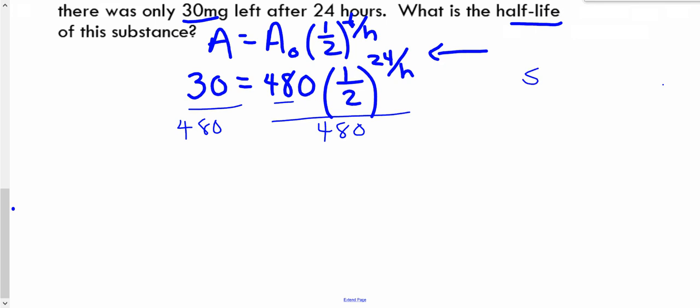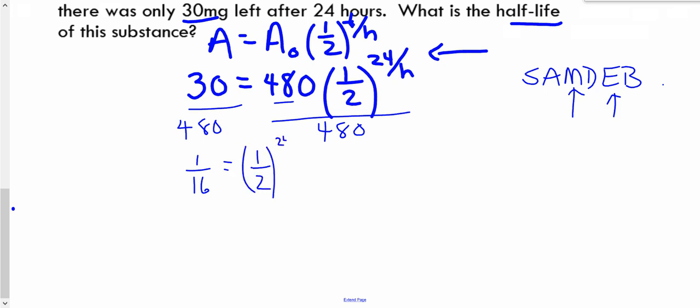Again, I'm just using SAMDAB, which is the opposite of BEDMAS. So multiplication comes before the exponent. So I'm going to do the division first. 30 over 480 is basically 1/16. So 1/16 is equal to 1/2 to the 24 over H.